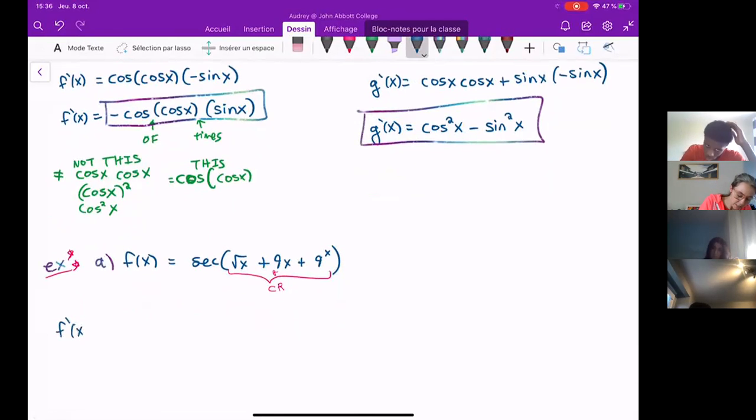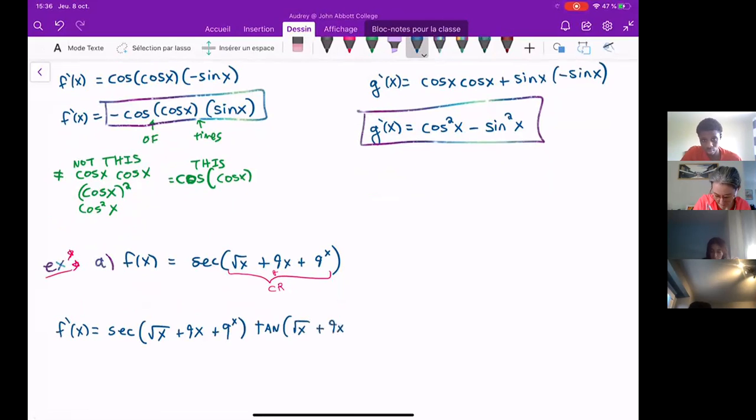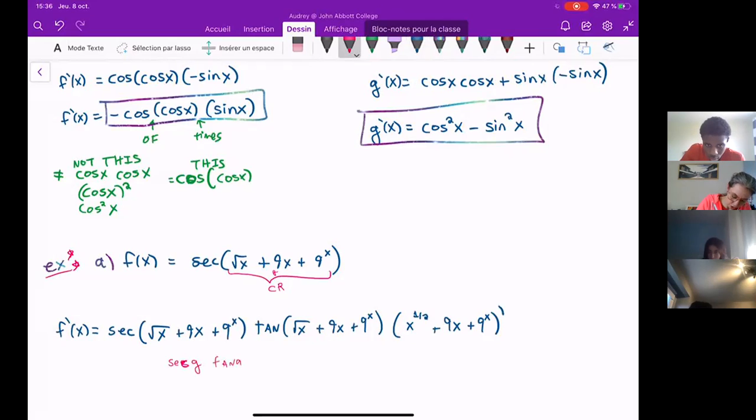So f prime of x is equal to secant of the function times tangent of the function times the derivative of the function. So this is like secant g tangent g prime. So I do my derivative as normal, and I pull the inside function to the outside, like fruit roll, if I'm just pulling it out.